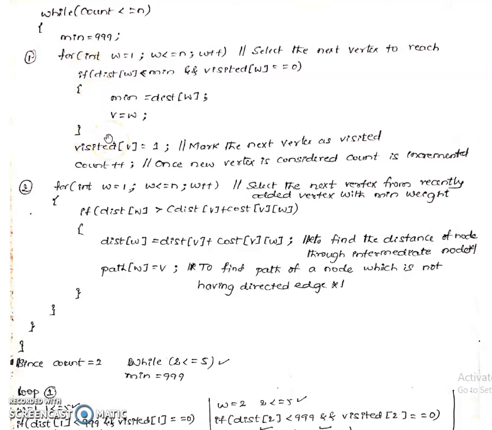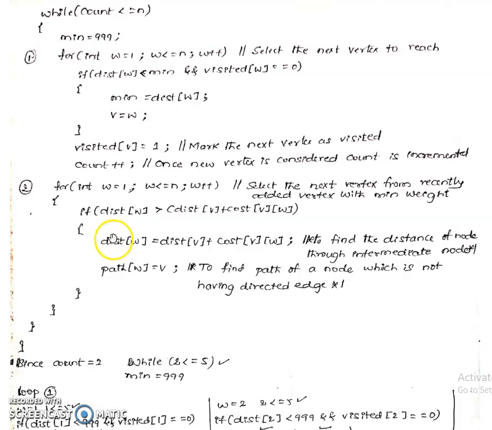The first for loop is basically used to select the next vertex which can be reached from that newly visited vertex. Right now vertex 1 is considered the source vertex. From the source vertex you can reach this particular vertex, vertex number 2 or vertex number 3, whichever vertex you can visit, that will be recorded in the first for loop.